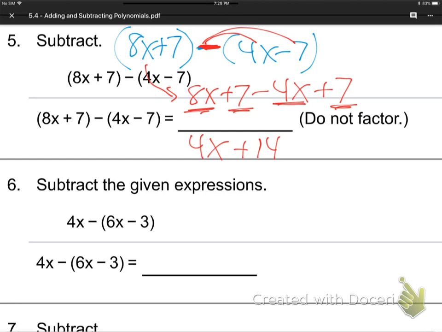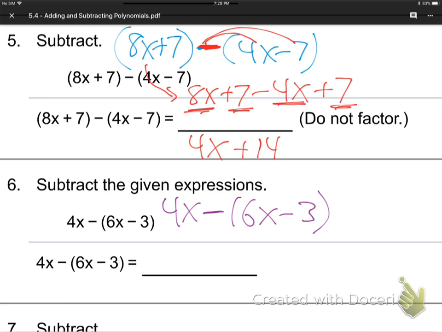Try number 6. Minus 2x minus 3, plus 3. I'll write it a little bigger down here. So it's 4x minus 6x minus 3.